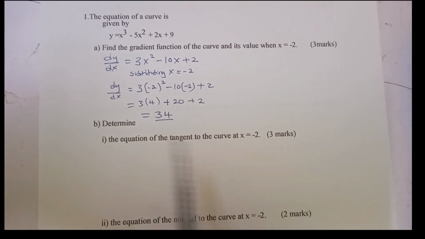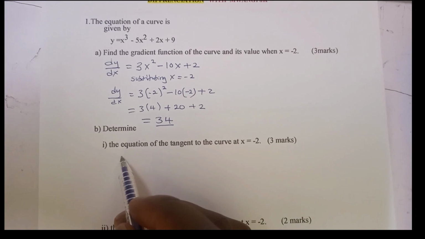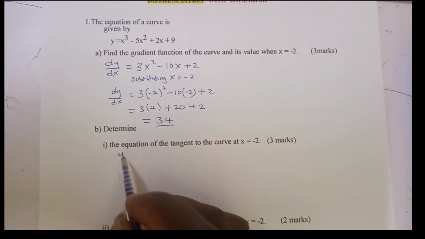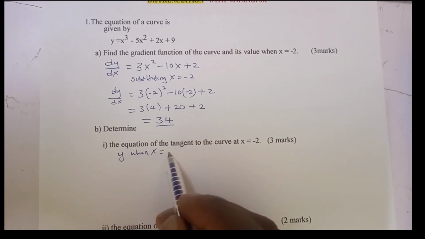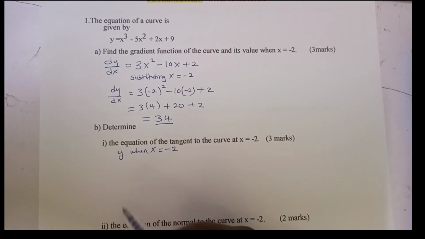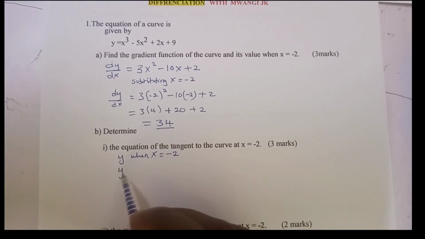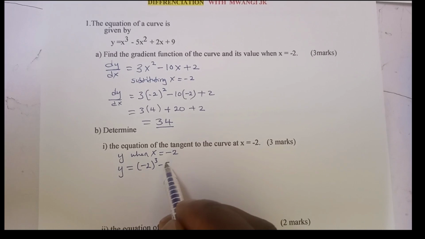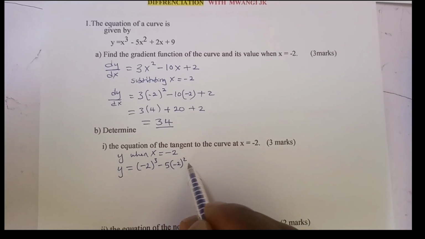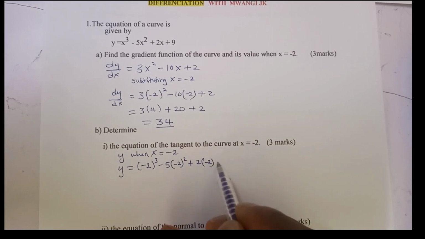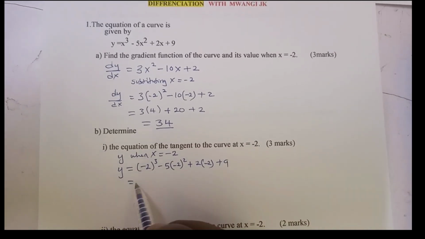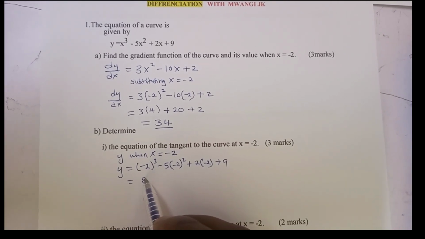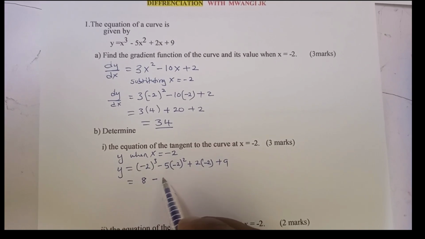Determine the equation of the tangent to the curve at x is minus 2. So we are going to get the equation of the tangent. We first find y when x is minus 2, that point, because they share that point with the tangent. So we substitute minus 2 into the original equation to get the value of y, and that common point is the point the curve and the tangent share.